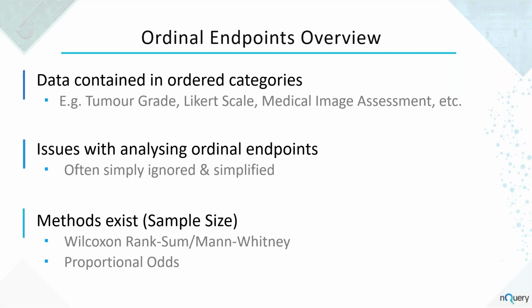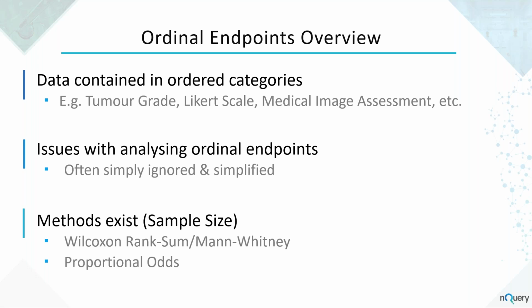So very often, the underlying structure is simply either ignored or oversimplified, or else approximations are made in order to map it onto existing methods that researchers are more familiar with, rather than actually using an appropriate method for this type of data.